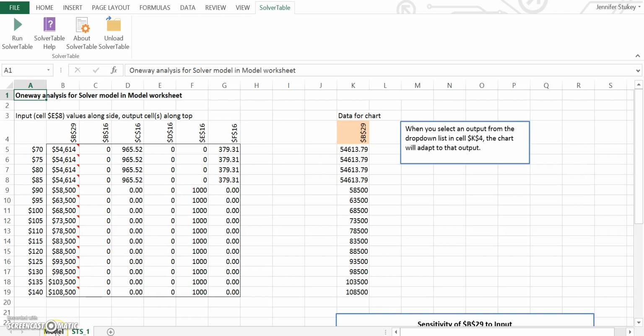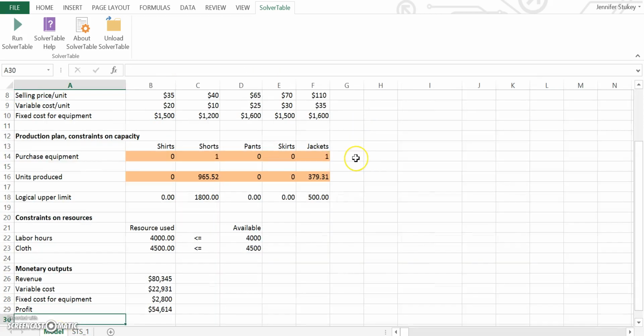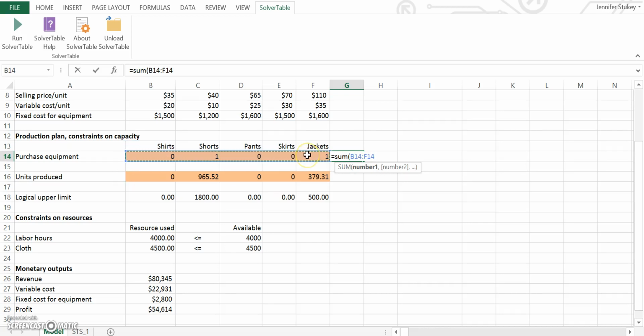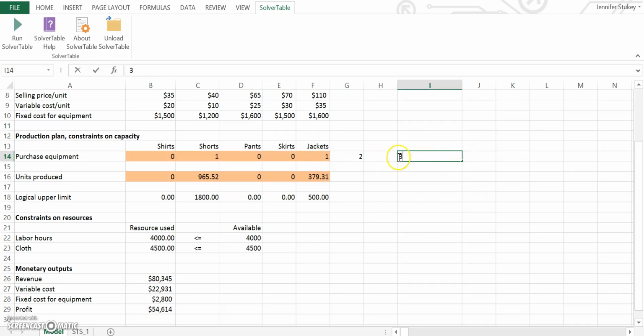There are other ways that you could look at this. For instance, if your manager was going to specify that you had to produce at least 3 items for some reason, and you needed to put that constraint in there, you would do that by summing these, and then you would constrain that to be greater than or equal to 3.